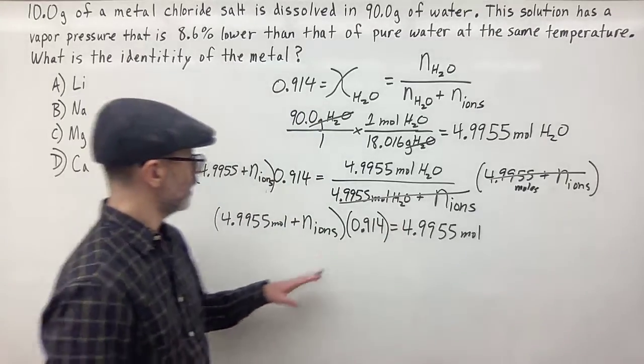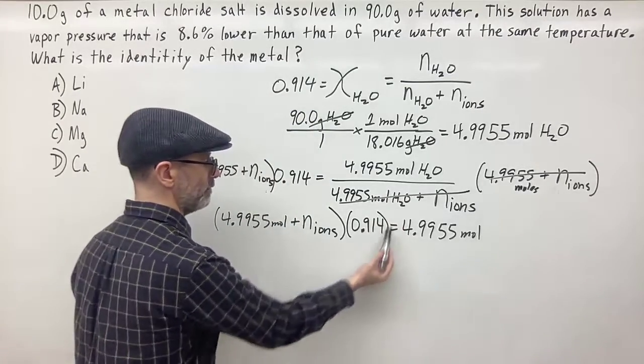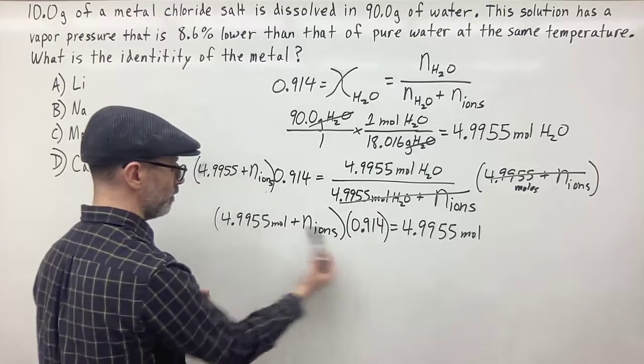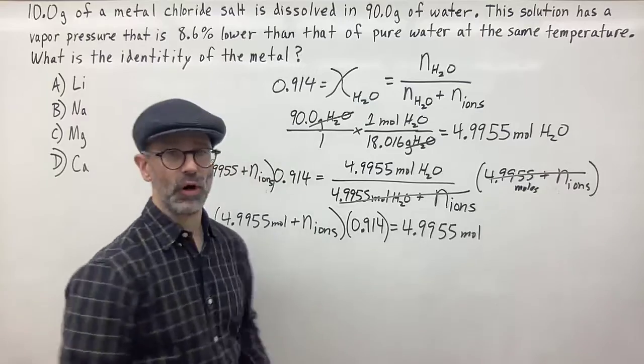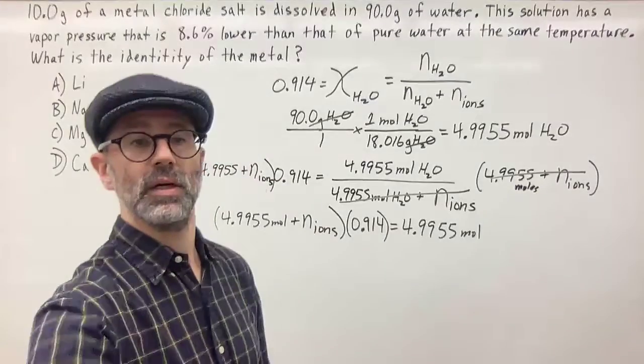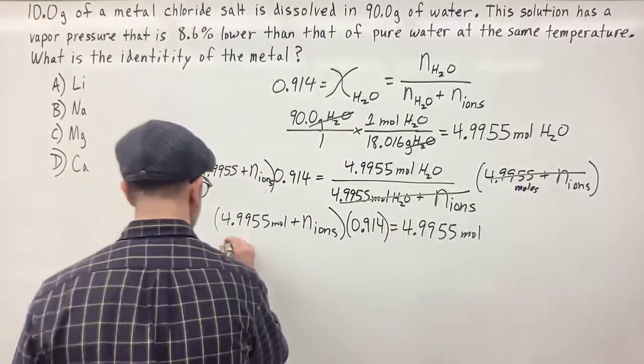Okay. So now I need to distribute. I'm going to have to multiply this to both of these. So this times 0.914, that's going to give me 4.5659.